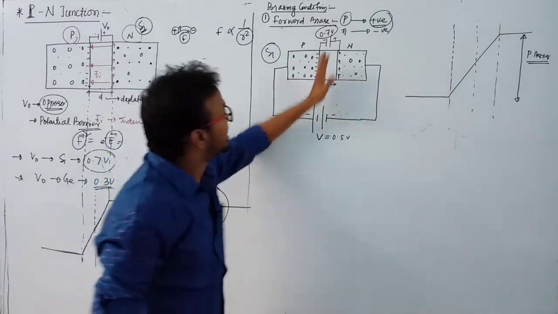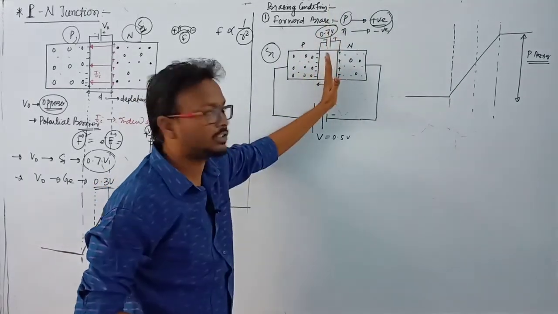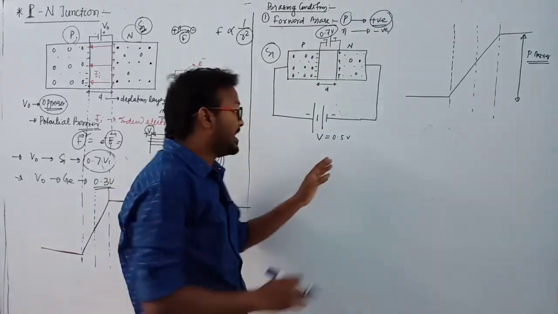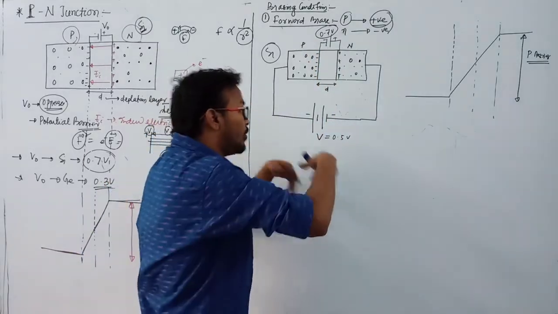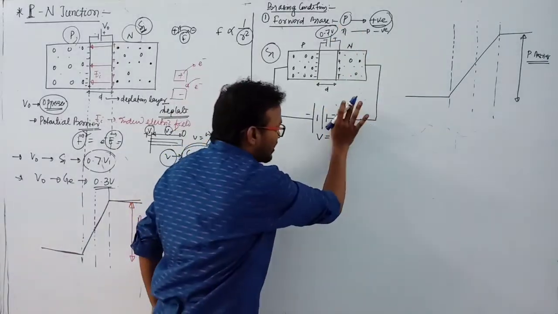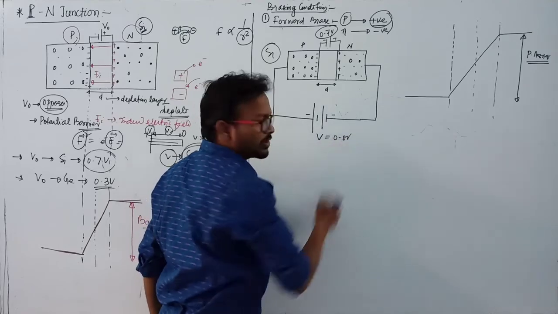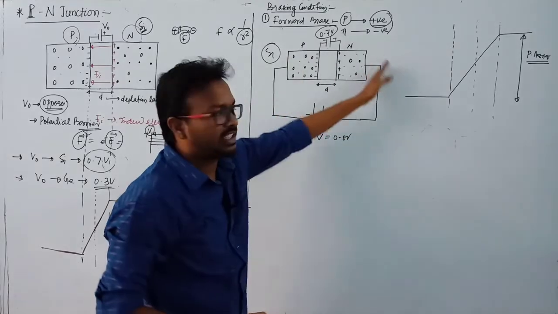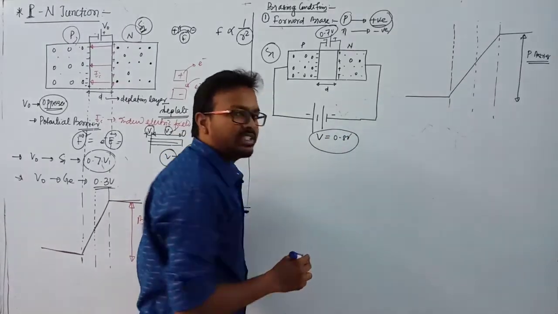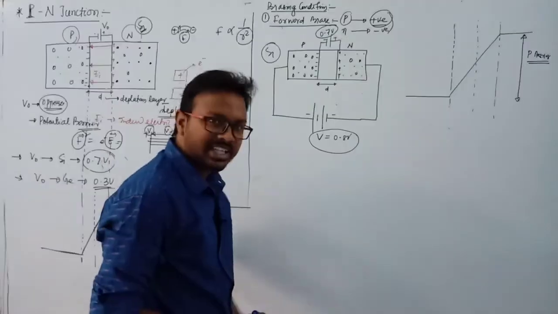Why? Because there is a barrier between the p-type and n-type semiconductor. First, we have to eliminate this barrier by applying a heavy voltage, or applying more than this barrier voltage. So if we increase this voltage, suppose 0.8 volt, then current flows through the circuit. Why? Because here the applied potential is greater than the potential barrier. Now the potential barrier decreases. Clear?